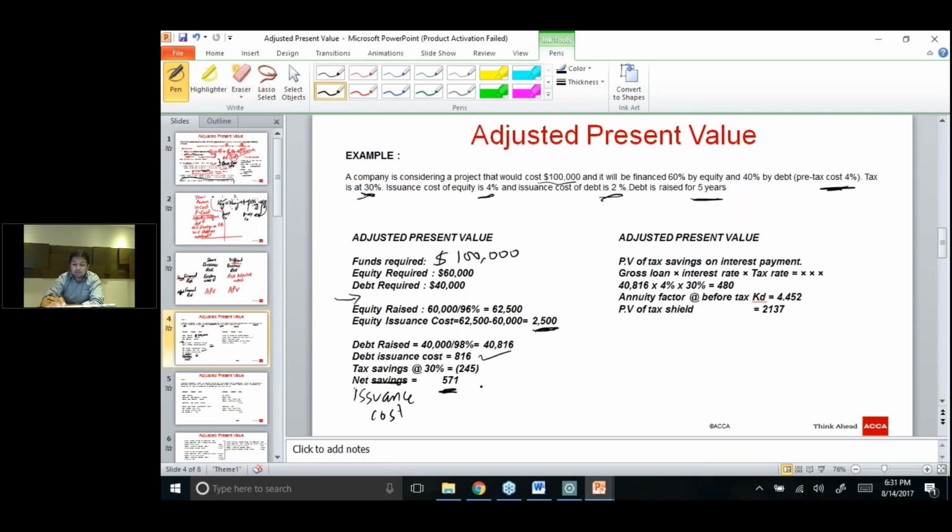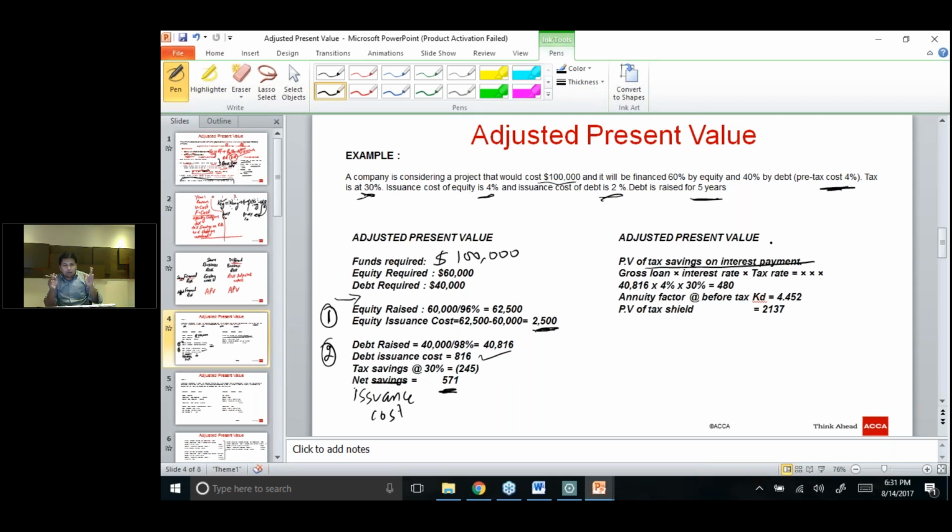Okay, this was the very first adjustment: equity issuance cost and debt issuance cost. The next one is the present value of tax savings on interest payment. As we know that we have taken a loan and we are going to pay interest every year, we are going to save 30% of that interest every year.